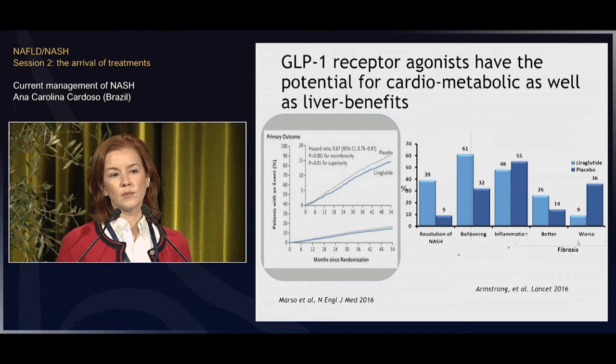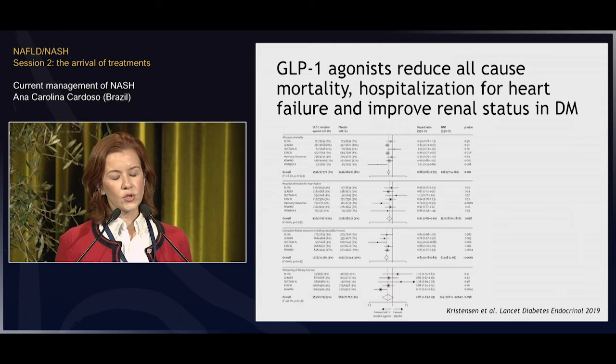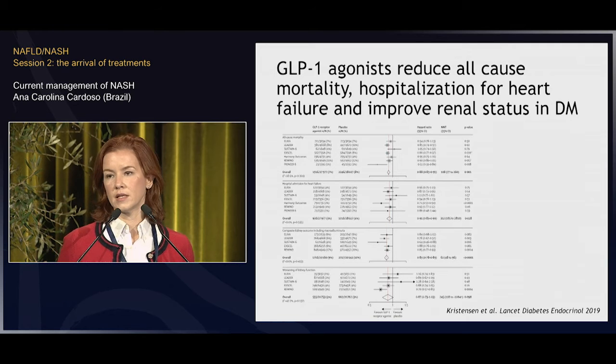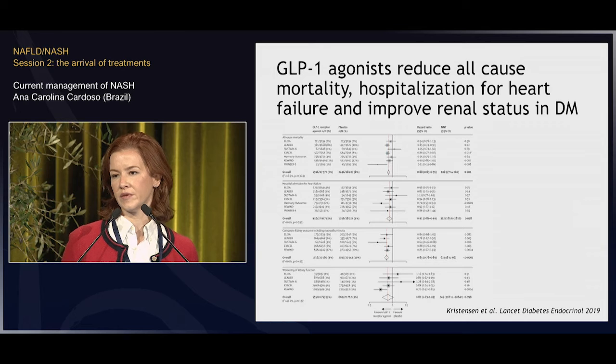Of course, it's an important drug for losing weight, not for treating NASH, but it's a kind of drug that we can use and can help us to manage our patients. Also, GLP-1 agonists reduce all-cause mortality, hospitalization for heart failure, and improve renal status in patients with diabetes.